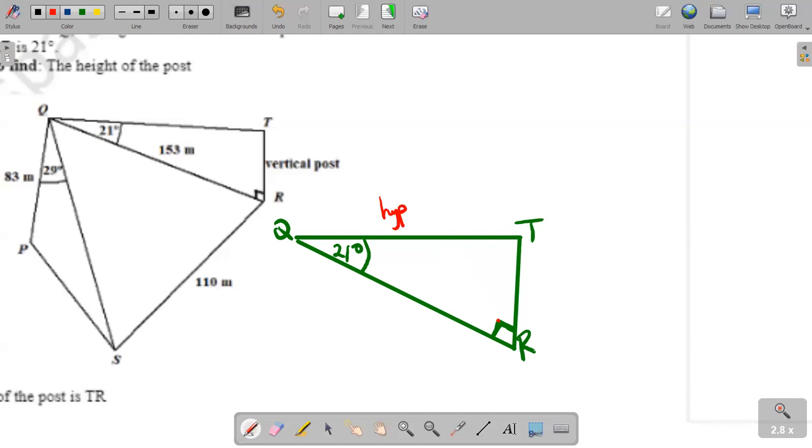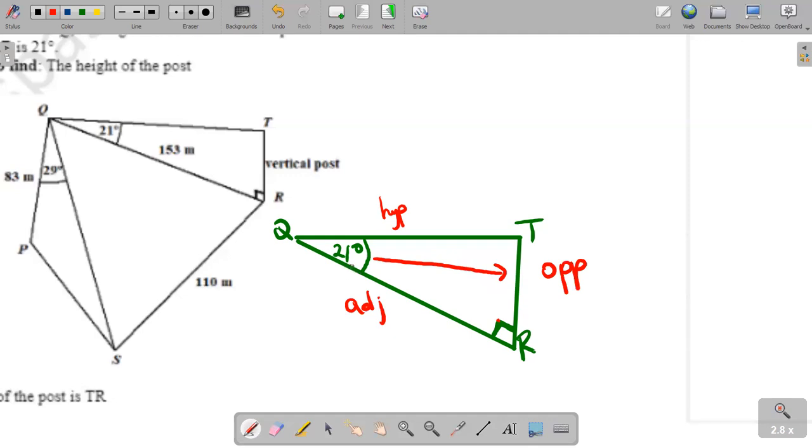Who tells us where the opposite is? It's the one that's facing the angle. If this is the angle 21, which one is opposite the angle? This is opposite. That means that this is going to be what? Adjacent. How do I know that this is adjacent? It ain't touching the angle.